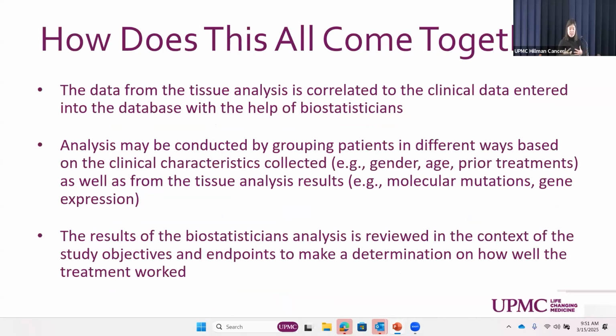Pulling it together, the data from tissue is correlated with the clinical information from the patient. With the help of the biostatisticians, we collect an analysis of this. We're looking at those different characteristics, the tissue, and ultimately we are reviewing this in the context of the objectives to see how well the treatment worked, if we met those objectives.